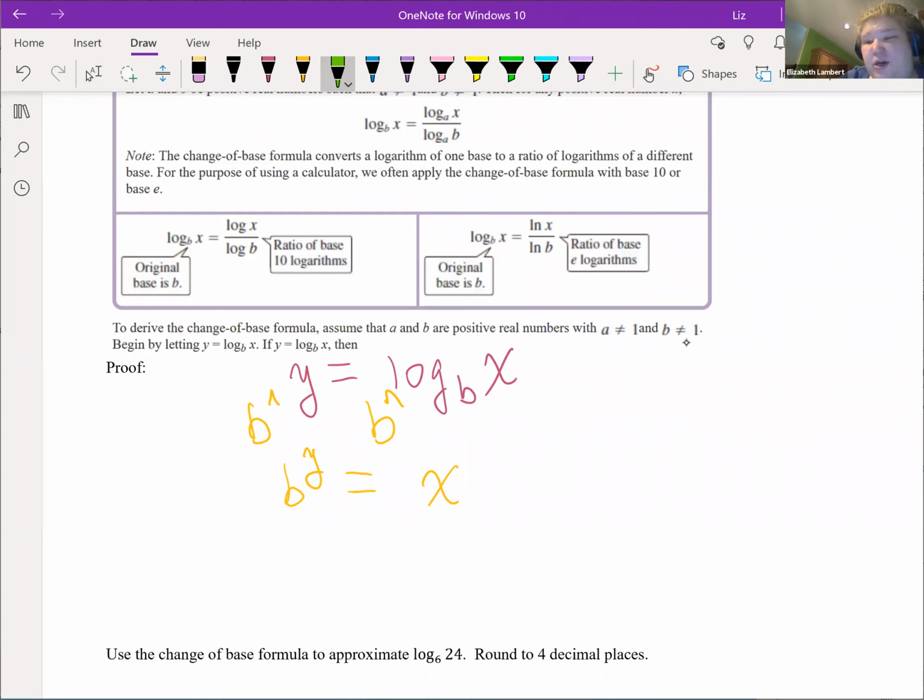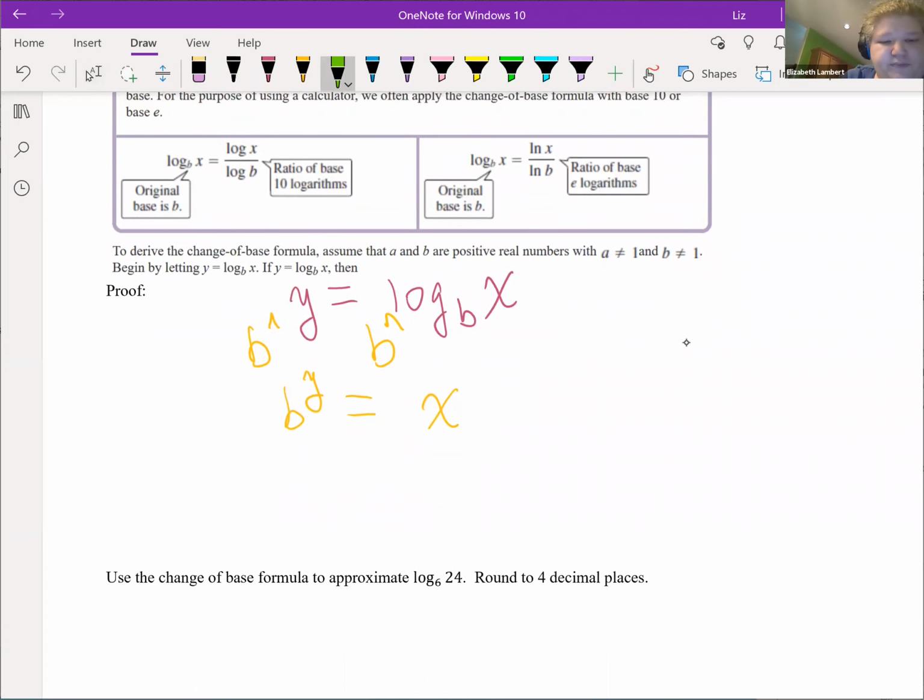It really doesn't matter. I'm going to go with regular log. So I'm just going to apply log base 10 to both sides. And then your next lesson is going to be log equations, and this is something we're going to use on log equations. So now log base 10 of b to the y equals log base 10 of x.